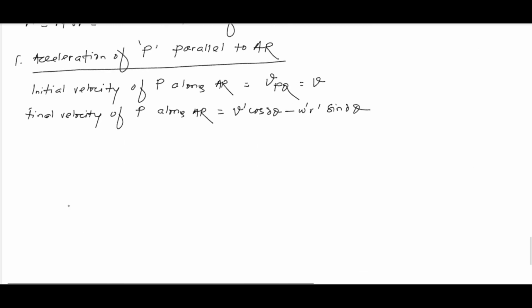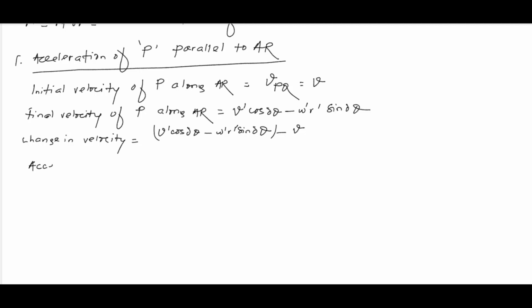Now change in velocity will be how much then? What will be the change in velocity? We have final, we have initial, so change in velocity will be equal to V dash cos del theta minus omega dash R dash sin del theta. Okay, this is final minus initial was V. Okay, this is our change in velocity. Now what about acceleration?